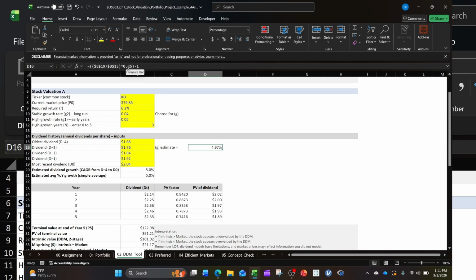In this case, it would be 1/4 or 0.25, and then subtract 1. That's what this calculation here is. Second is the average year-over-year growth, the average of each year's percent change. This is just estimated to help pick my G1 and my G2.